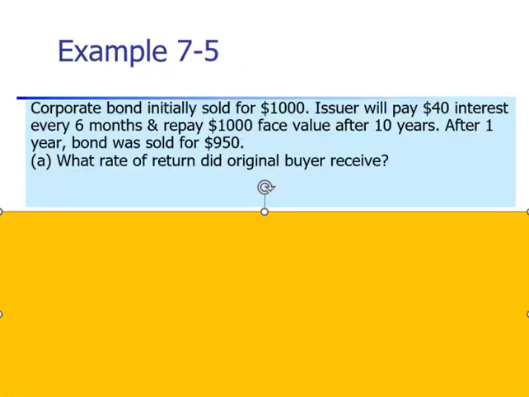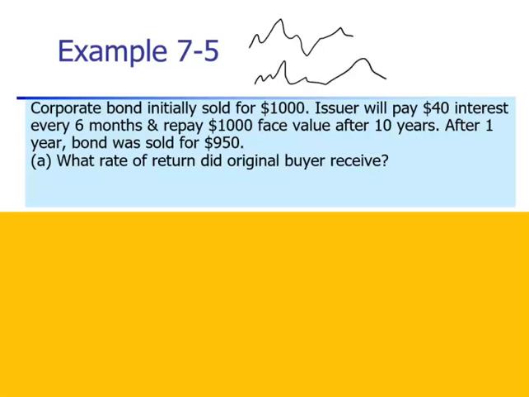Another example on bonds. A corporation initially sold its bond for $1,000. That's the face value. That's going to change based on the interest rate of the market. The issuer will pay $40 interest every 6 months.